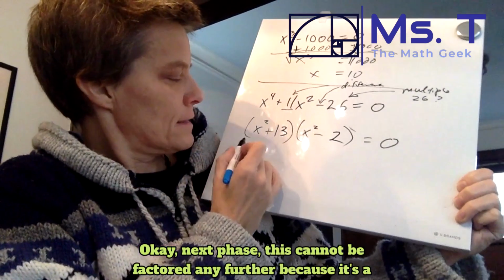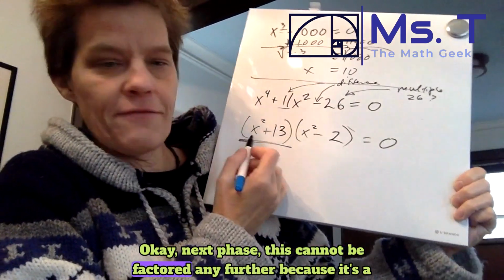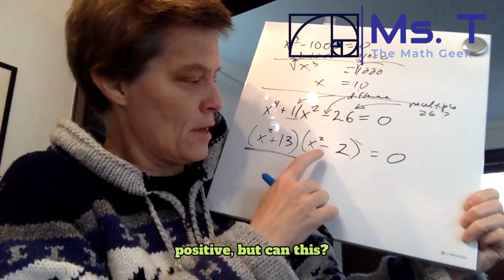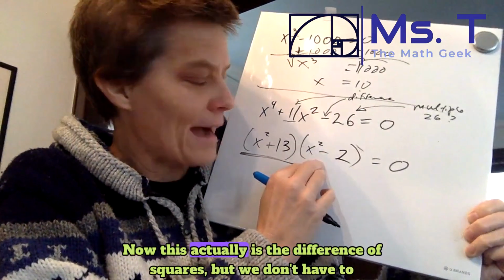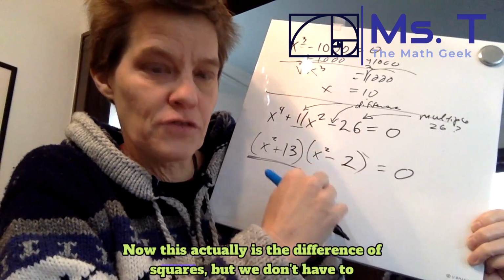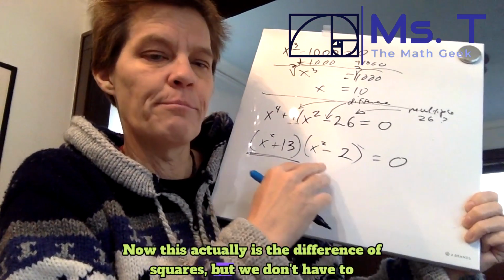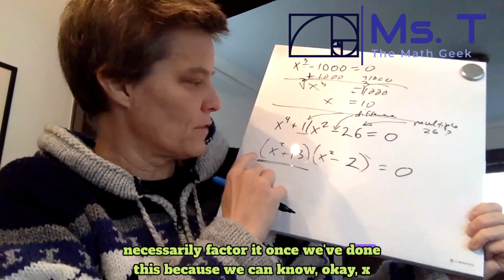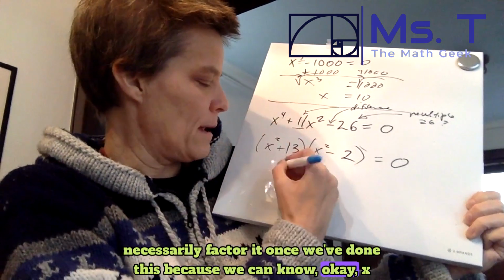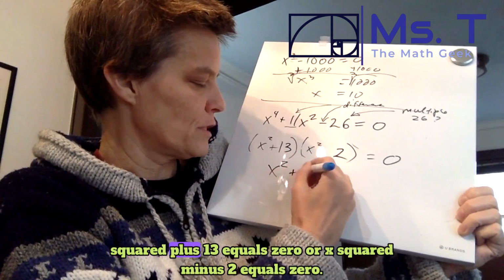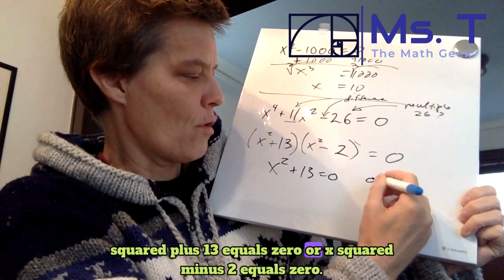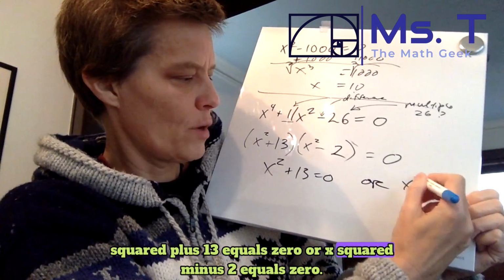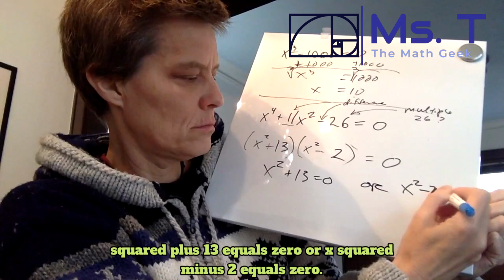Next phase, this cannot be factored any further because it's a positive. But can this? Now this actually is the difference of squares, but we don't have to necessarily factor it once we've done this, because we can know x squared plus 13 equals 0, or x squared minus 2 equals 0.